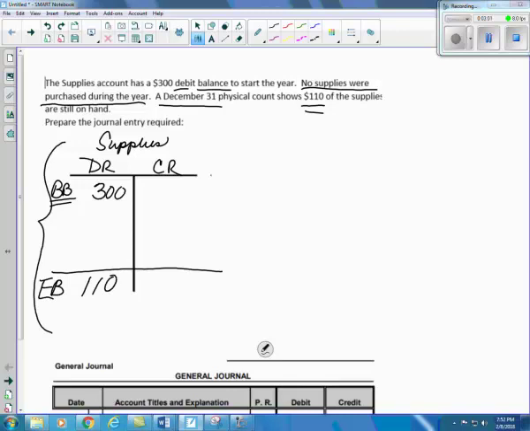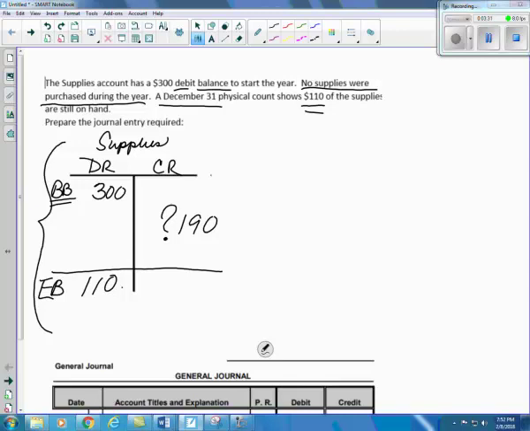And so we have to figure out how much, this is our question mark over here, how much of these supplies have we used during the year. If we started out with 300 and we ended up with 110, then that would indicate to me that we used $190 worth of supplies through the year.